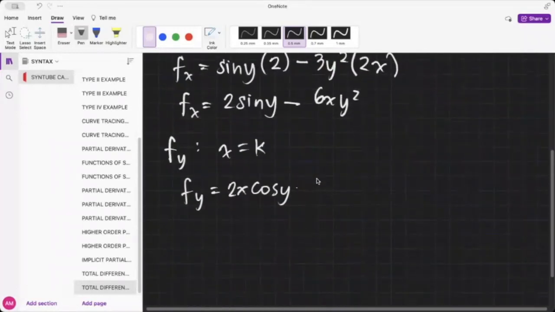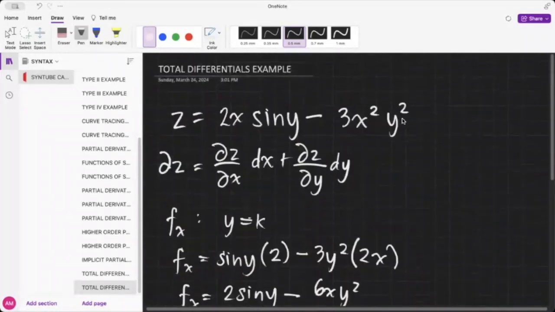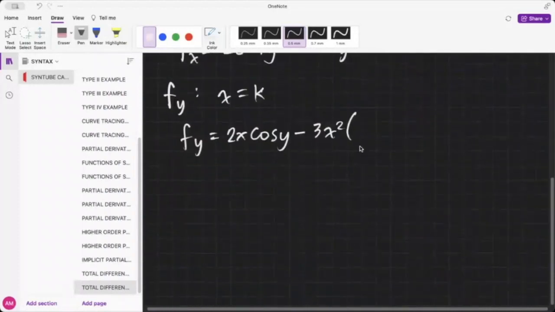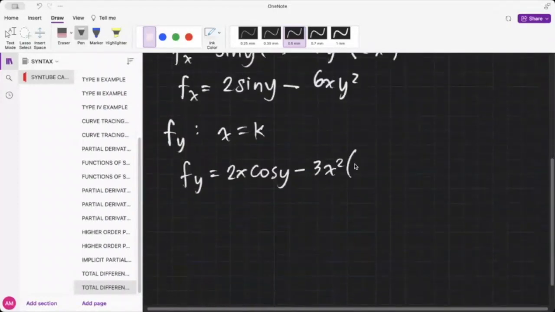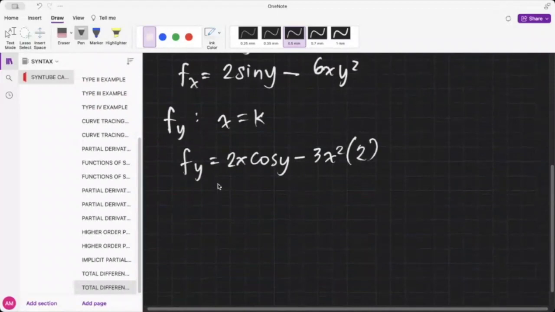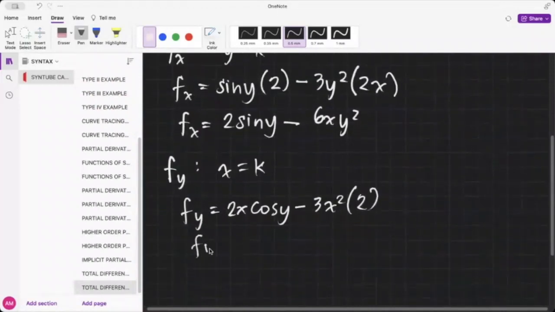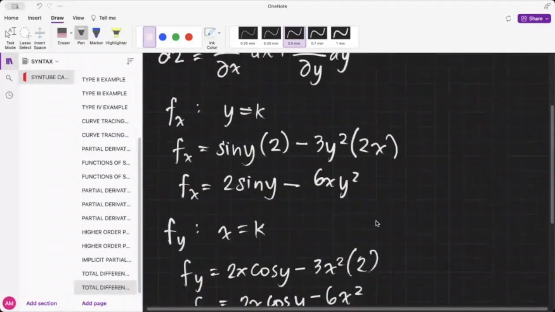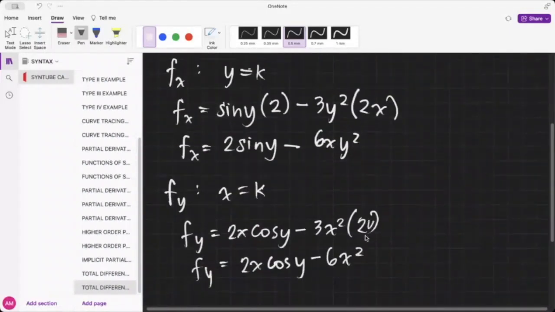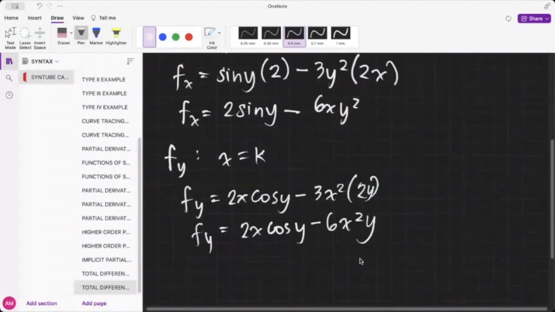Negative 3x squared, times the derivative of y squared, which is just 2y. If we simplify this, you'll get 2x cosine y minus 6x squared y. Wait, sorry, 2y, this one, y.